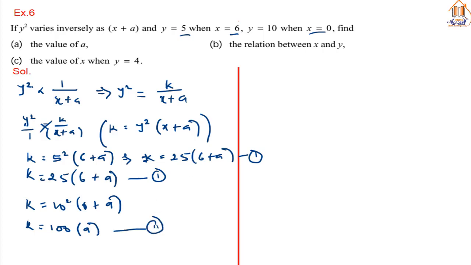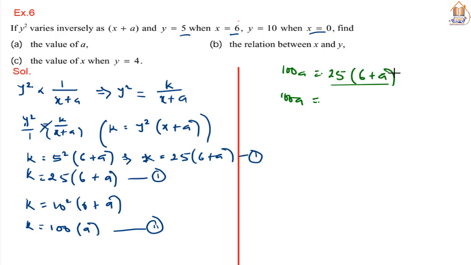Now what are we going to do? We're going to solve equation 1 and equation 2 simultaneously. Better still, we're going to equate equation 1 and equation 2 together. So we have 100a is equal to 25 open bracket 6 plus a close bracket.